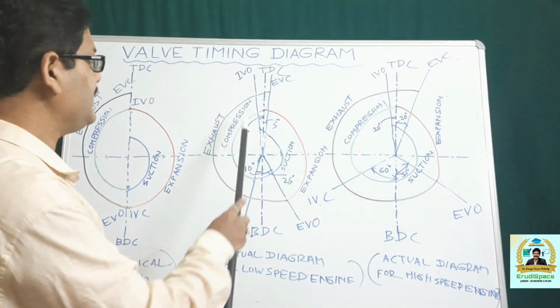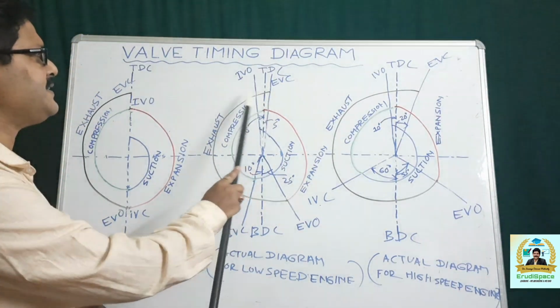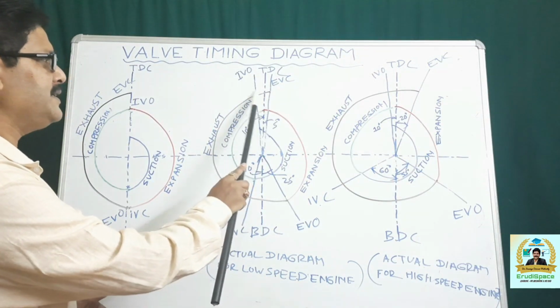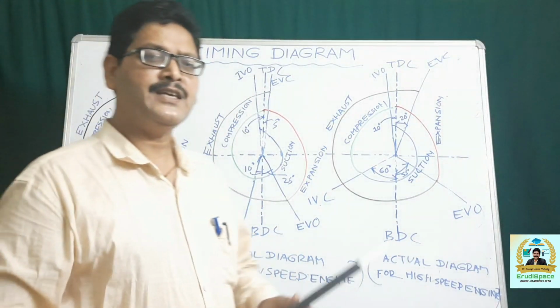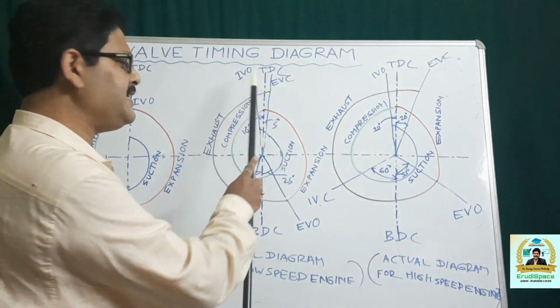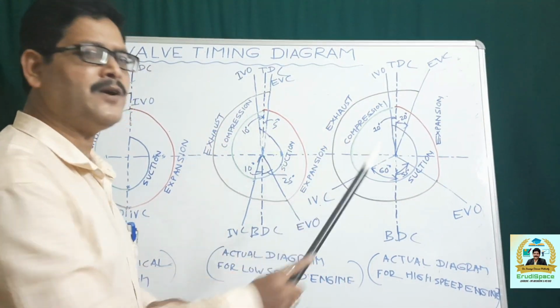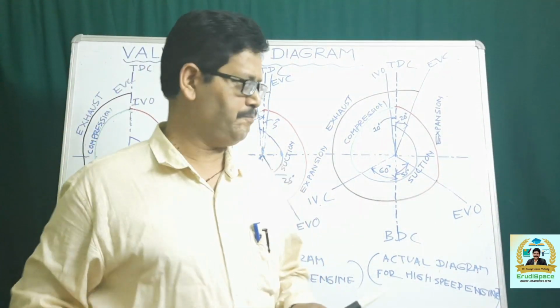And similarly, the closure takes place few degrees after the TDC, because even if you close the valves at the TDC, by the time it is completely closed, it would have covered some angle.